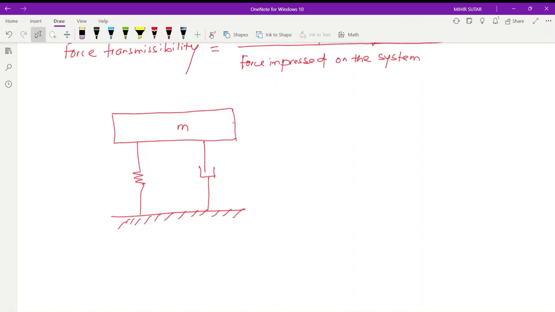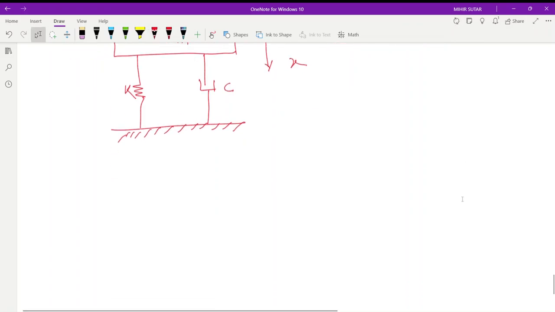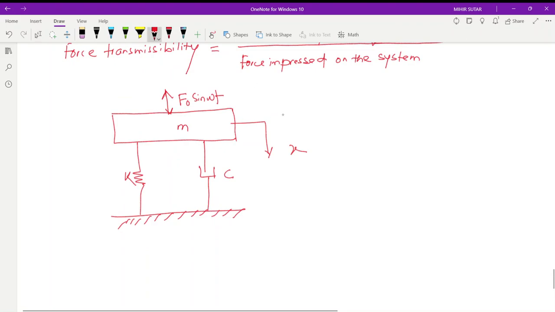The mass is having a displacement of x. This is the spring stiffness K. C is the damping coefficient. The force applied on the system is, let's say, F0 sine omega t. Okay. Now we can write the same thing here.